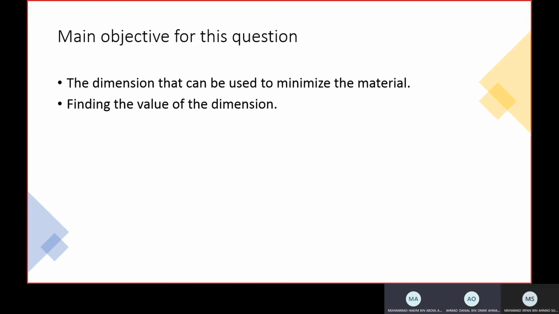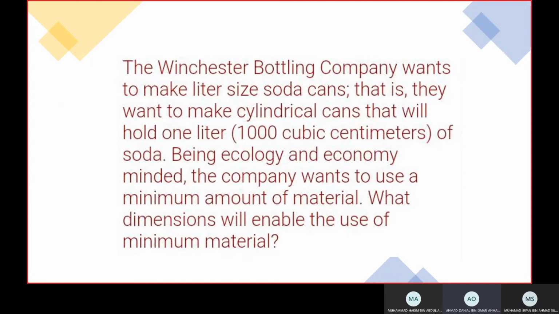Please continue, Daniel. Okay. Once again, Assalamualaikum and hi, madam. I will tell you how to solve the problem here. In this question, we have the Winchester Bottling Company that wants to make cylindrical cans. From the cylindrical cans, we can get the formula for it.